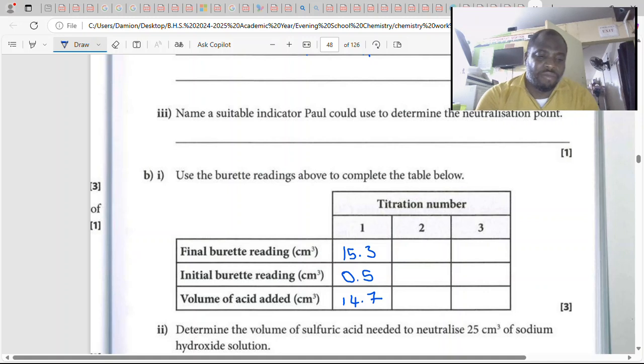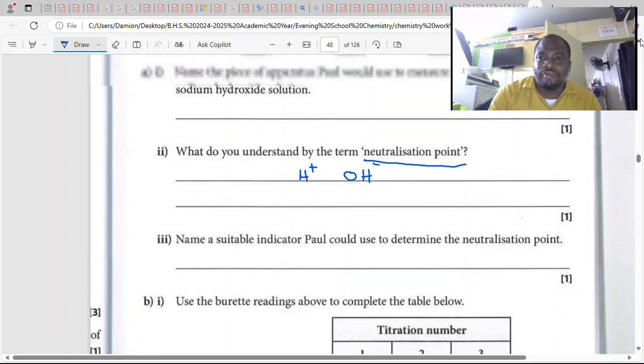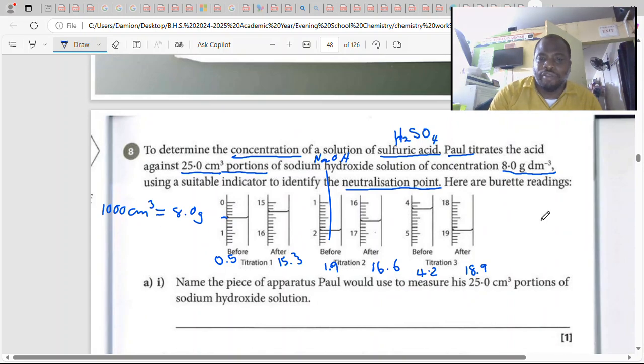So what were the other readings? So just remember these readings.